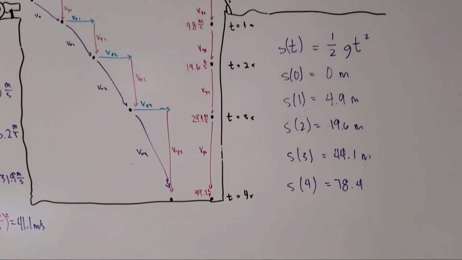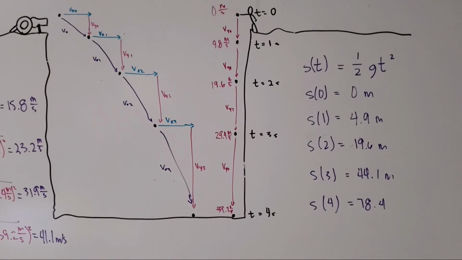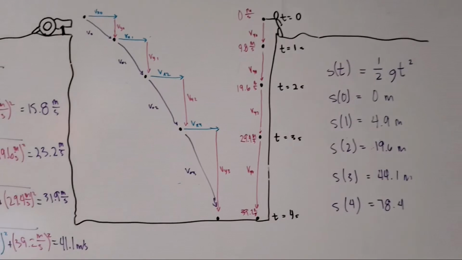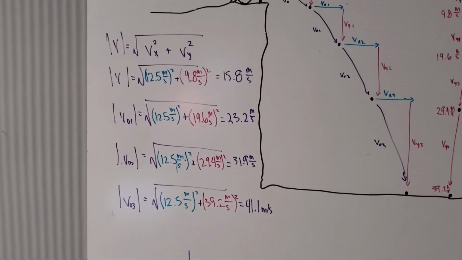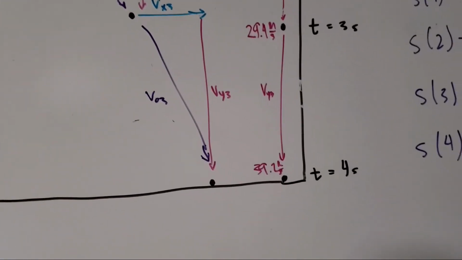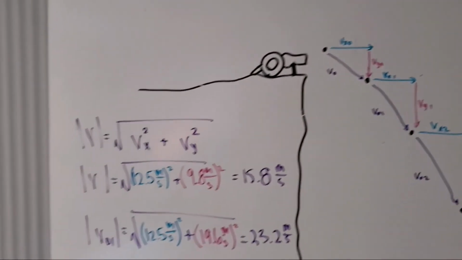Once we got our vertical components and our horizontal component, which is constant, then we plugged those into the Pythagorean theorem to calculate the actual speed along this purple path.